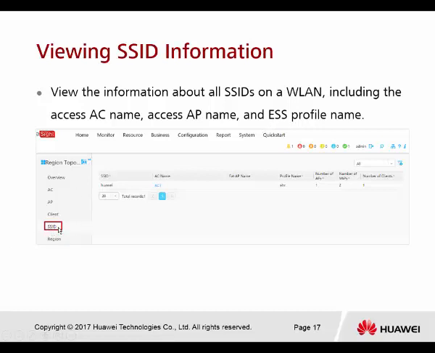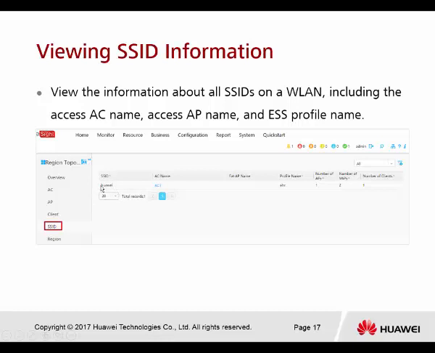So once you click on this one, right now this is just an example. For the real environment, after you deploy eSight, and you have multiple ACs, APs, and so many users already connected online, when you click on this SSID, the list will be very, very long. So this example here only shows you one.